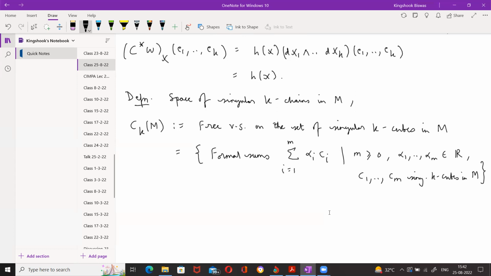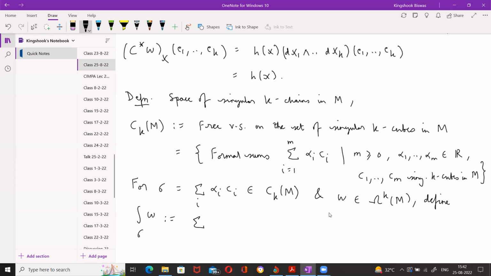Okay. So for a singular k-chain sigma equal to the summation of alpha_i c_i, and a k-form omega in Omega^k of M, we define the integral of omega over sigma to be the sum over i of alpha_i times the integral of omega over c_i. So the integral of omega is defined over the singular k-cubes, which form a basis of the space of singular k-chains.